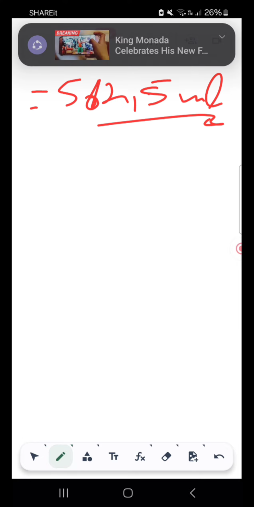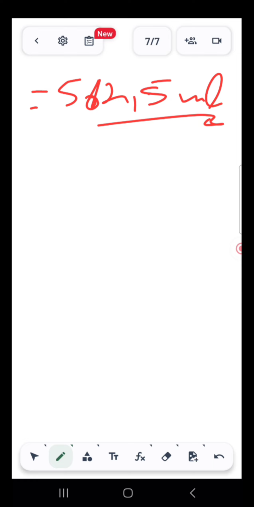Our answer will be 562.5 milliliters for 3 of these pizzas. There are many ways to skin this cat. As long as it gives you the right answer, then you're fine.